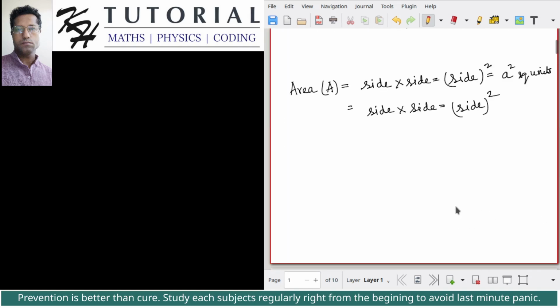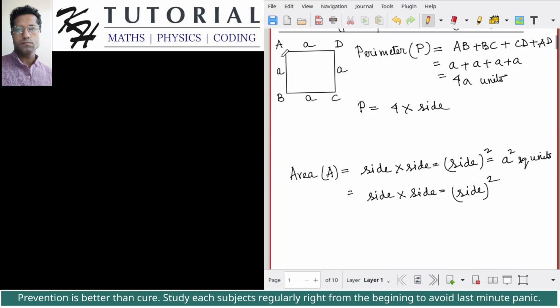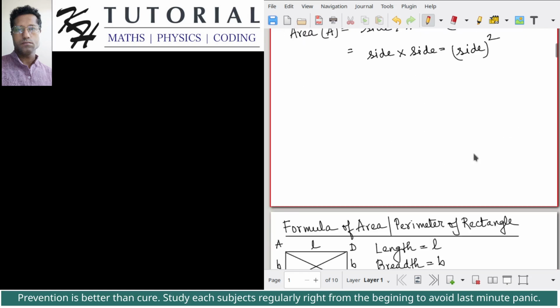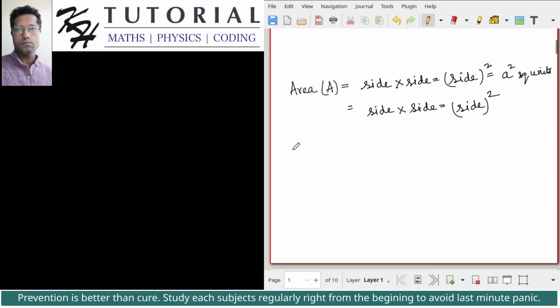For a square, if you consider the square, BD is a diagonal, and AC is also a diagonal.